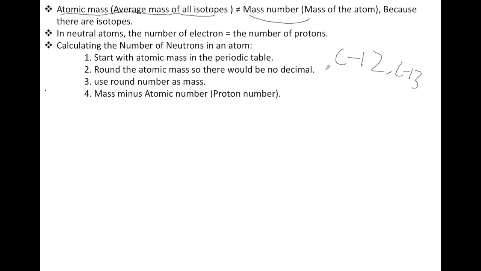Anyways, for example, if we're trying to do carbon here, and we wanted to know how many neutrons are in an atom of carbon, most likely. According to my periodic table, the atomic mass for carbon is 12.0107.